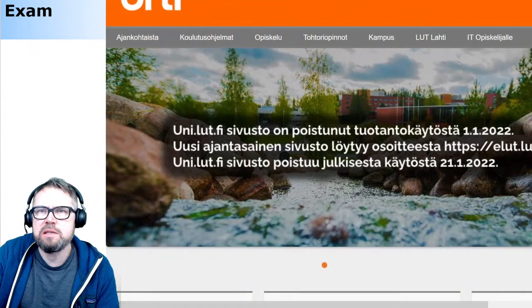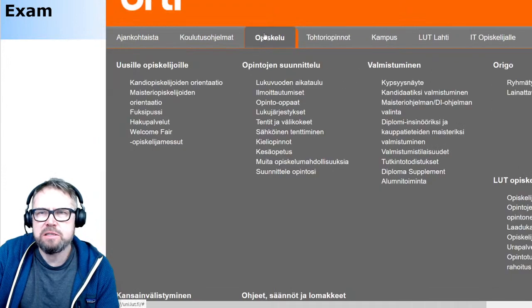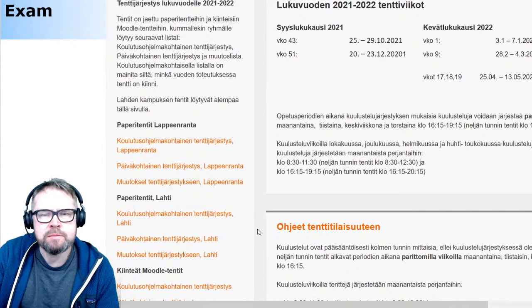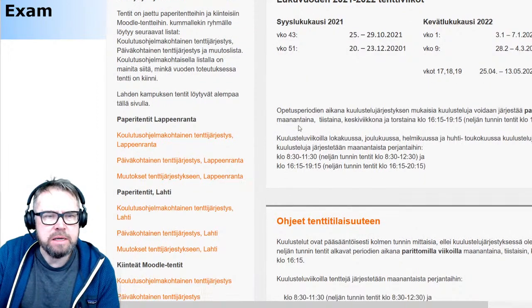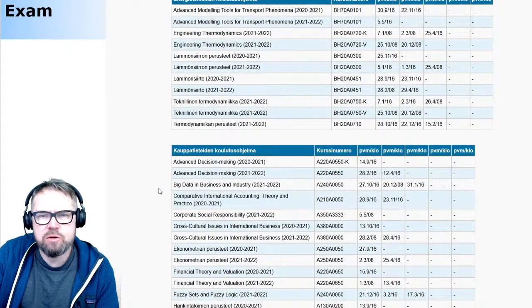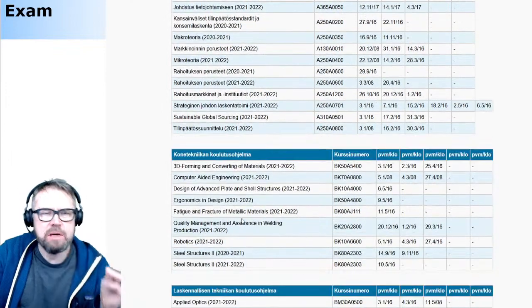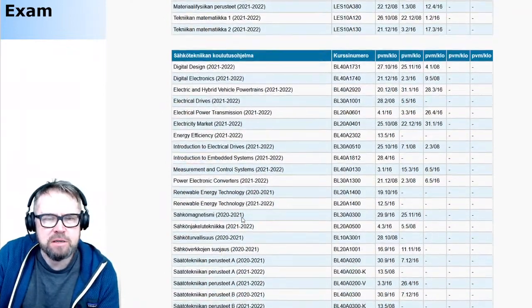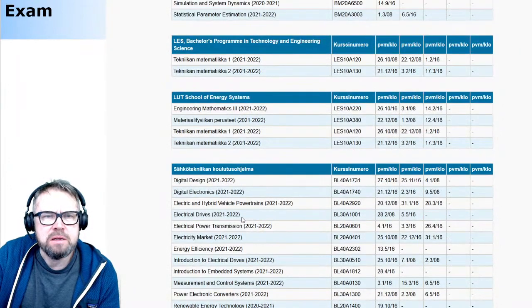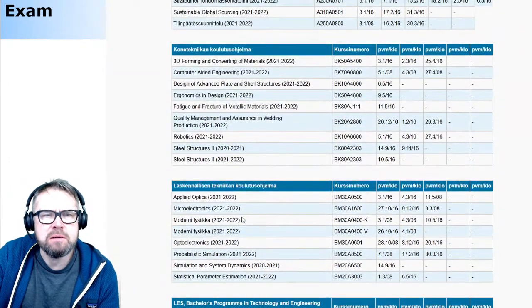Okay, so this was a website that I was able to find. And now here, this is in Finnish, but I'm gonna check here exams and midterm exams. Oh, I think I was looking in the wrong place. My mistake. I was looking in the paper exam, and this is not the paper exam, but something else.